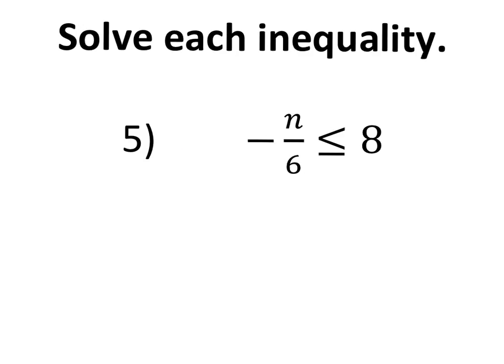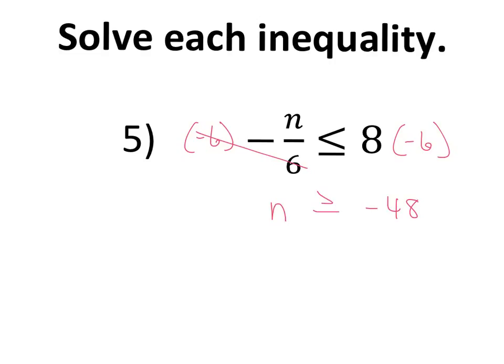All right, we're going to be working on the back side here, primarily on multiplication and division. On this particular problem, I'm going to start by multiplying both sides by -6. Those will cancel, and I've got n and -48. I don't know if you remember, but there's a really special rule here. Anytime you multiply or divide by a negative, you've got to flip your inequality symbol.